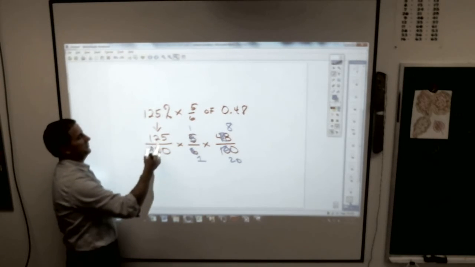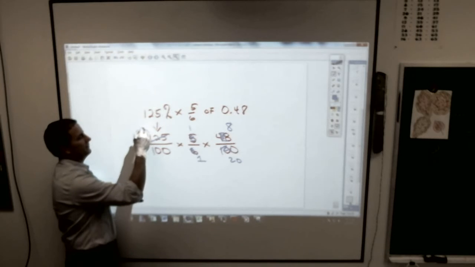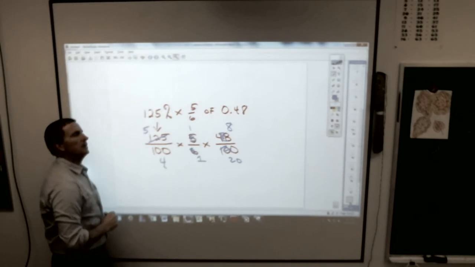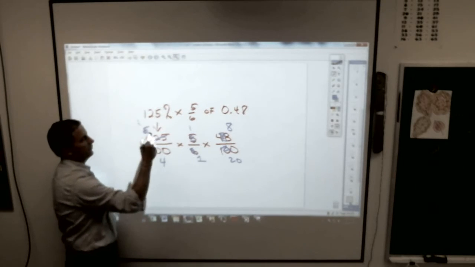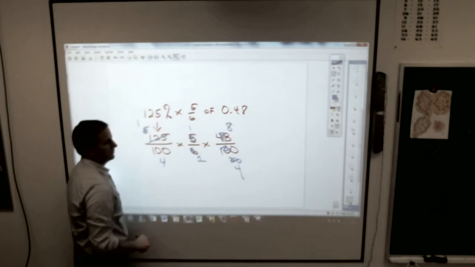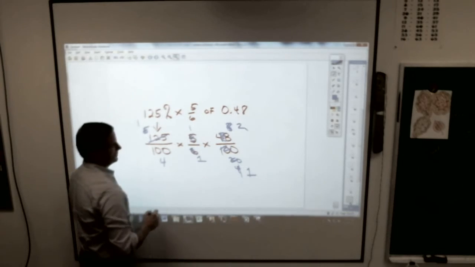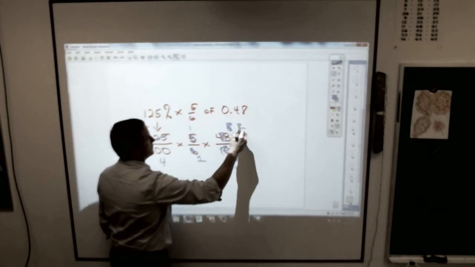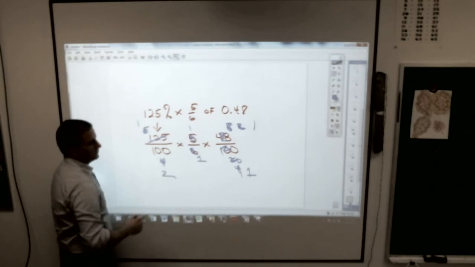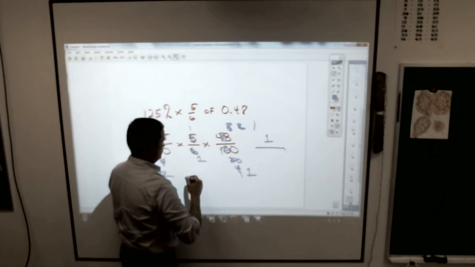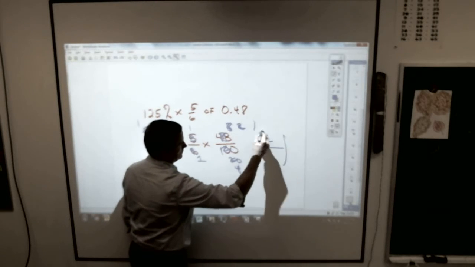Yeah, what number goes into both of these? 25. 25 goes into that 5 times, 25 goes into that 4 times. Oh, look, more. 5 goes into 5 once, and 20 four times. 4 goes into 4 once, into 8 twice. Oh, 2 goes into 2 once, 2 goes into 4 twice. What are we left with? 1 times 1 times 1 over 2 times 1 times 1.